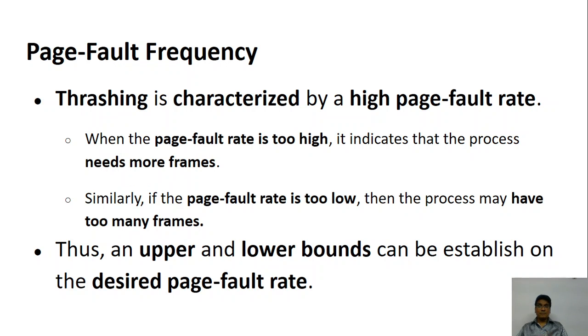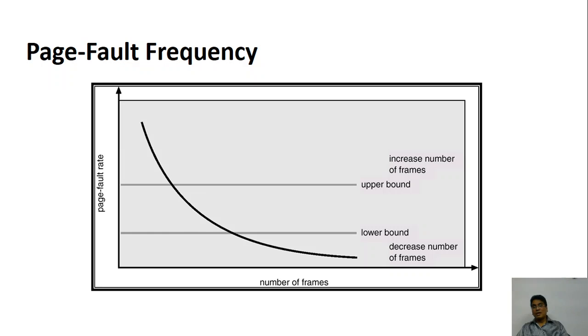When the page fault frequency keeps increasing again and again, and within a second too many page faults are occurring, that means there is thrashing. Once in a while a page fault occurs, obviously, because the processes are running. So you check the rate of page faults, how many page faults are occurring within a second.